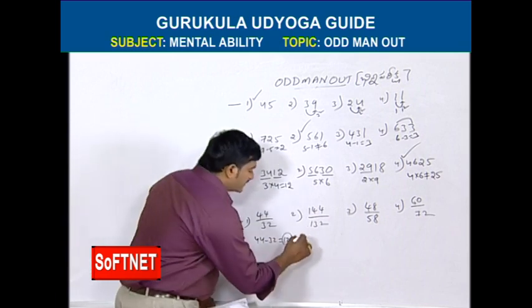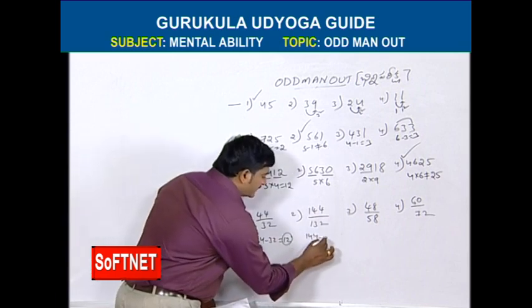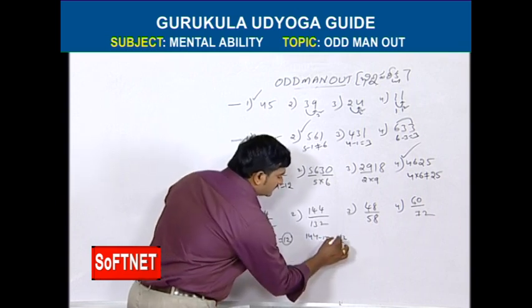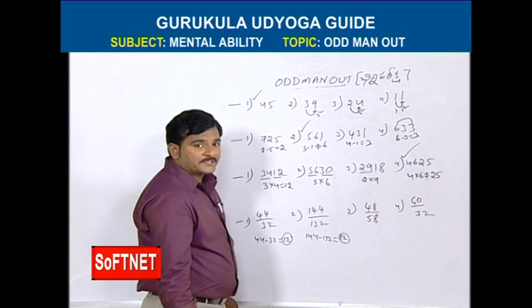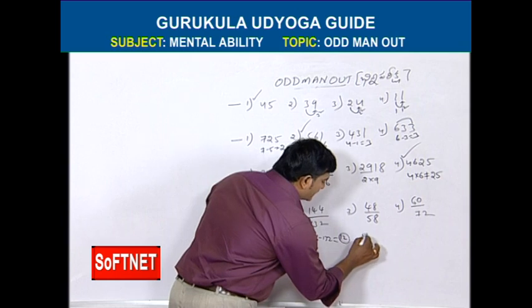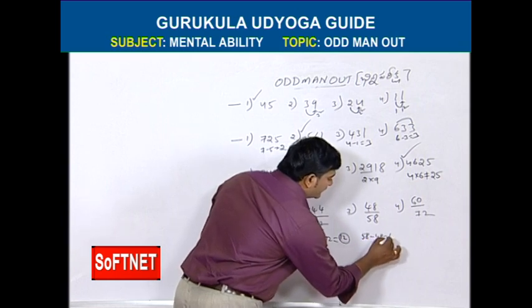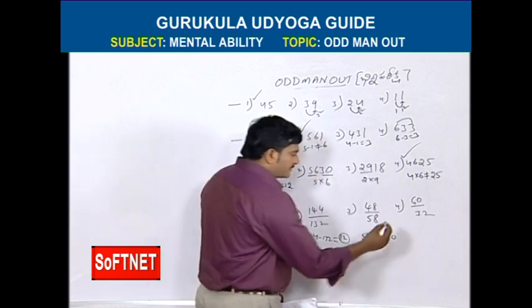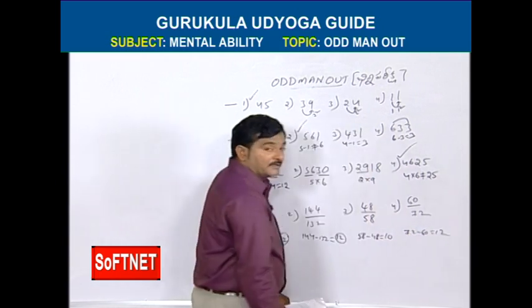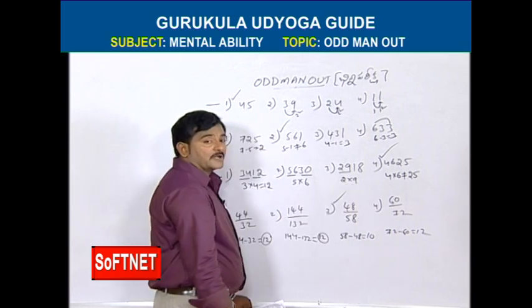Similarly, observe 144 minus 132. Are we getting difference 12 again? Yes, in this case also the difference is 12. So, big number minus small number. 58 minus 48 difference is how much? 10. Whereas here 72 minus 60 is how much? 12. Hence the answer is the third option.